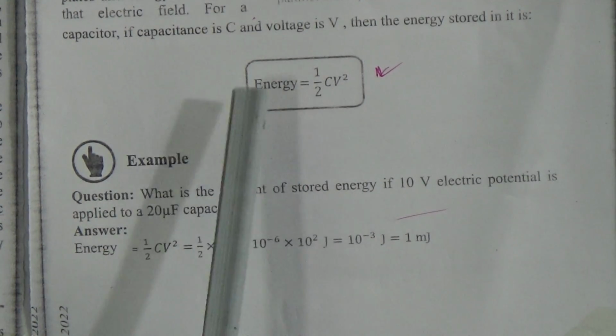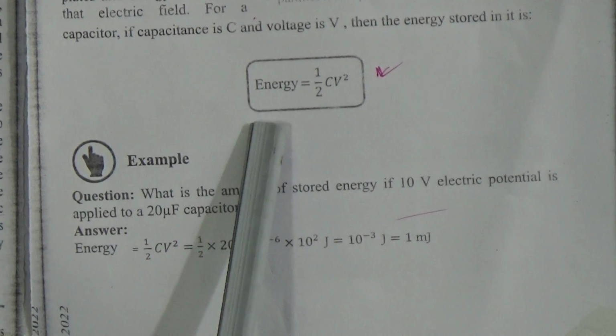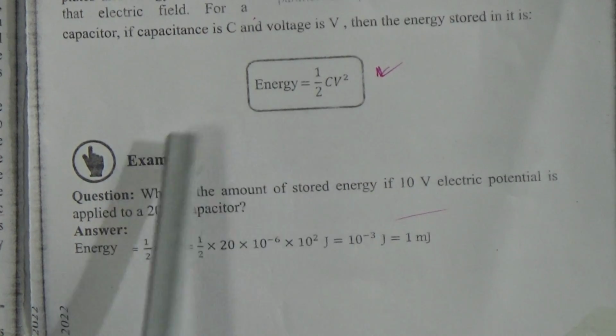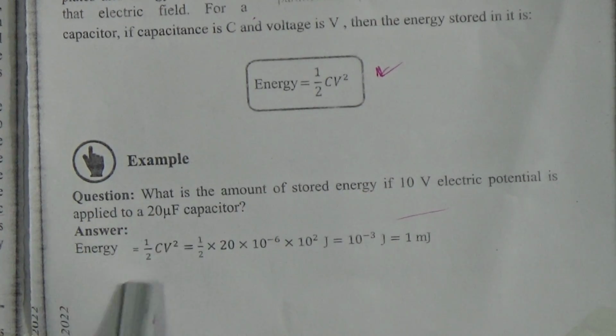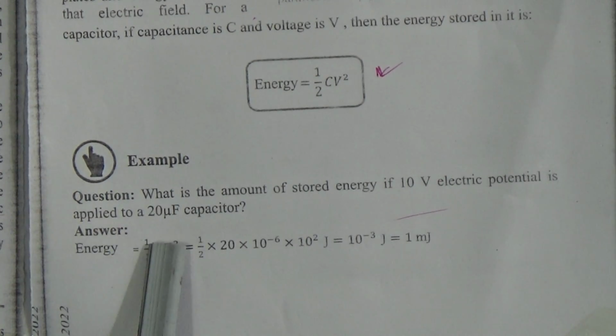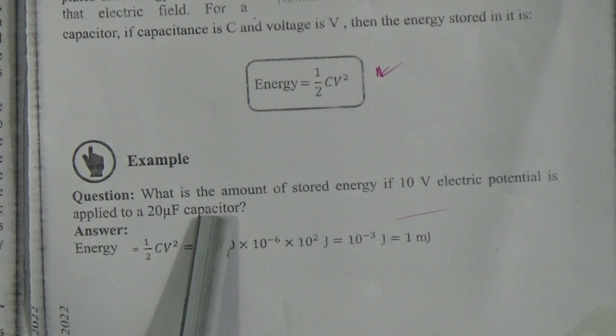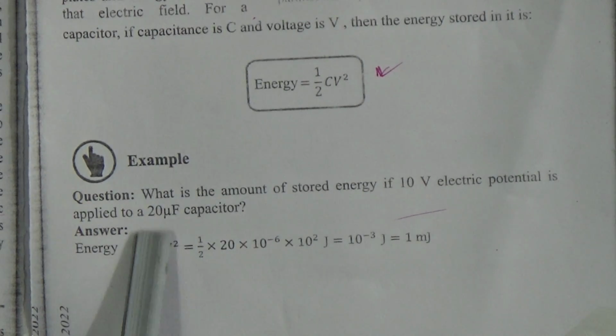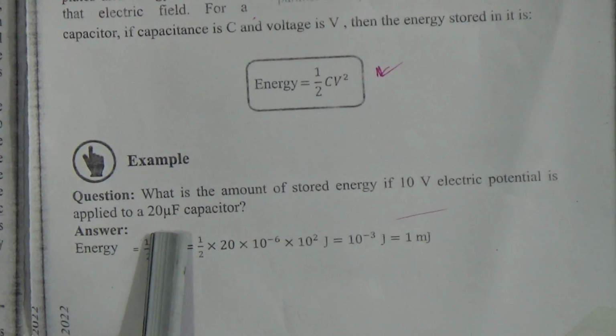Now we will write this formula. We know energy equals half CV square. Here C is given as 20 microfarad, and we have to convert this microfarad into farad, that is we have to multiply with 10 to the power minus 6.